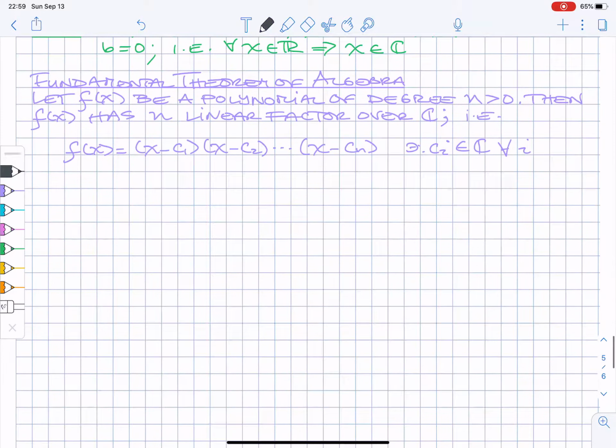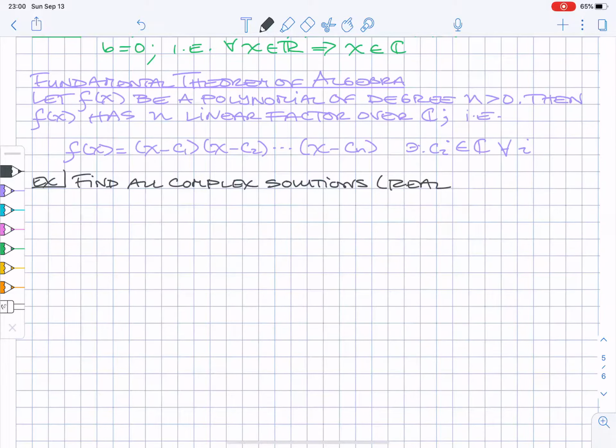So for example, find all complex solutions, real and imaginary. So real numbers are still complex numbers, but the converse is not true. So find all complex solutions, real and imaginary, for the following.